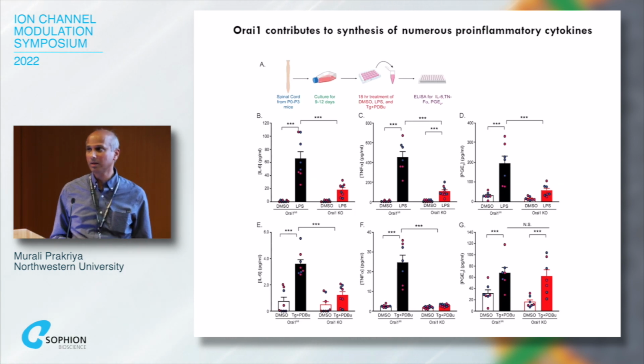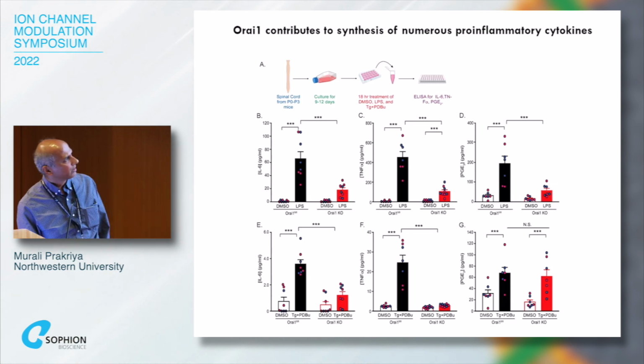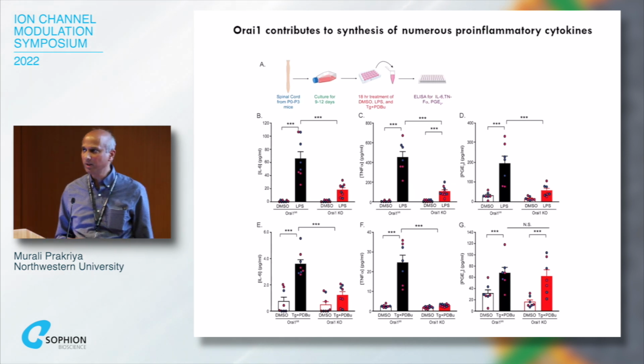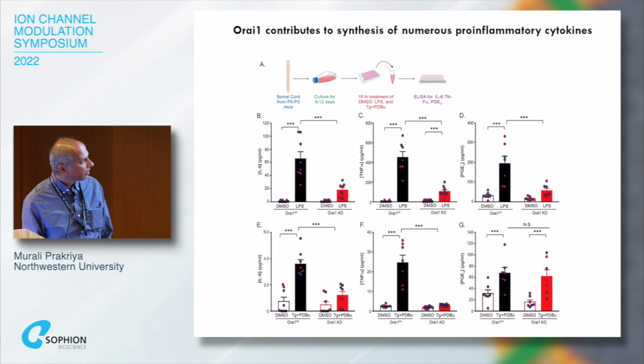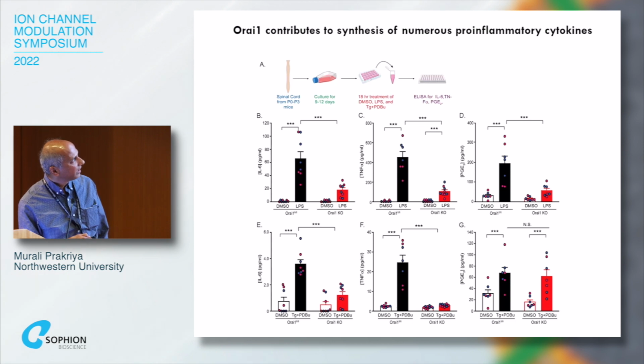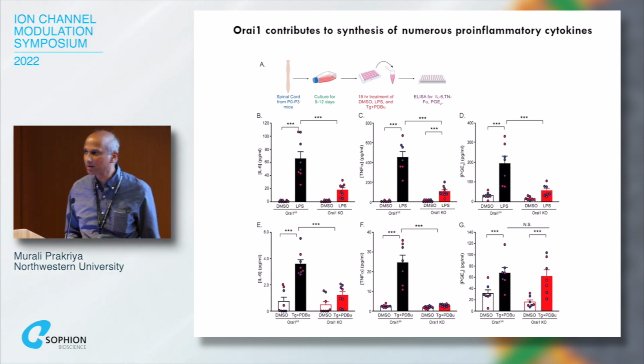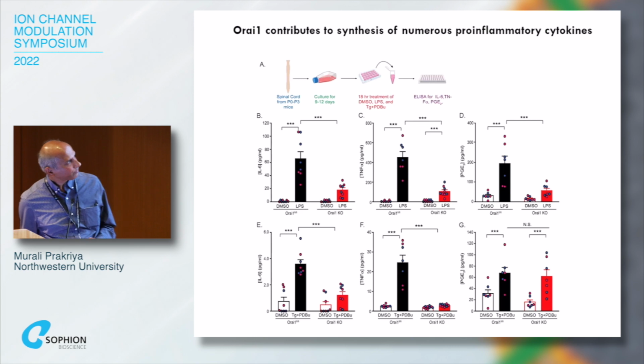Prostaglandin E2 is not a cytokine, but it's produced in a de novo fashion by activation of cPLA2 in many different cells. And in each case, you get strong induction either by activation of a ligand that stimulates the production of these cytokines, or by direct activation of CRAC channels with thapsigargin. And this induction is not completely lost, but it's greatly diminished in the ORAI1 knockout cells.